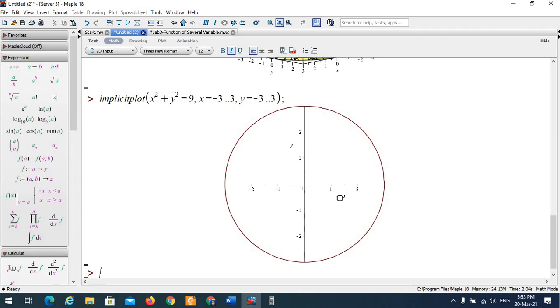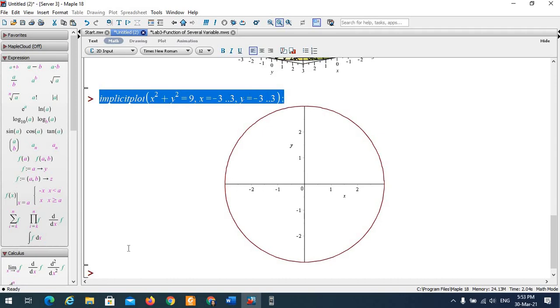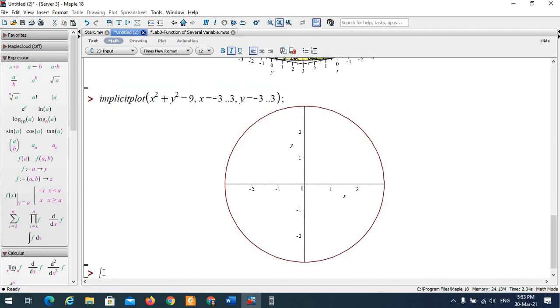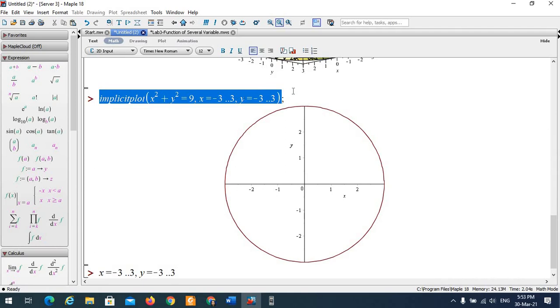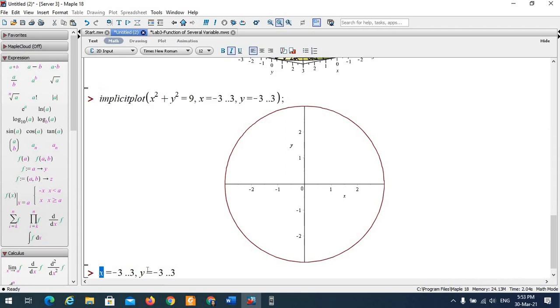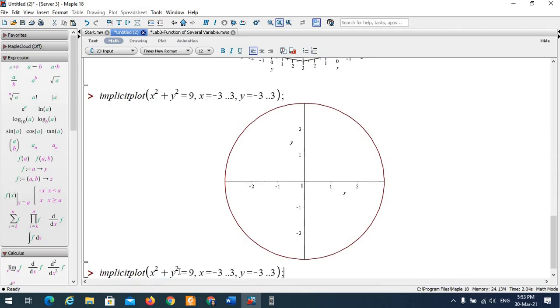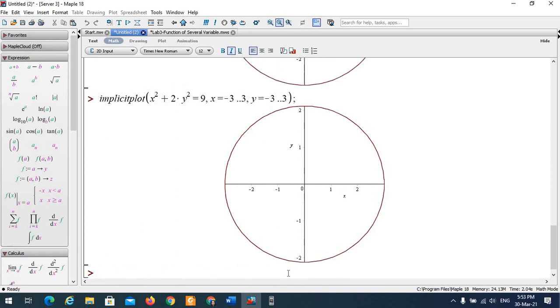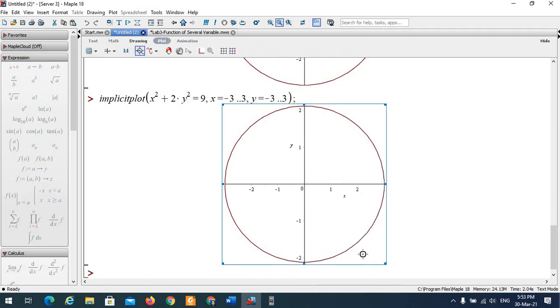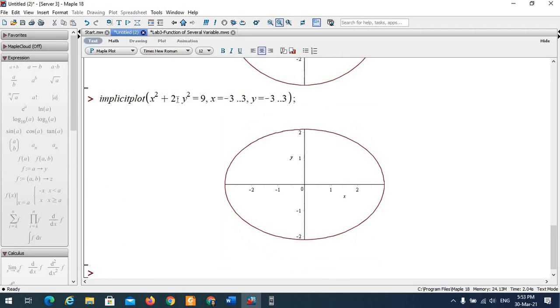This plots the circle. This is an ellipse.